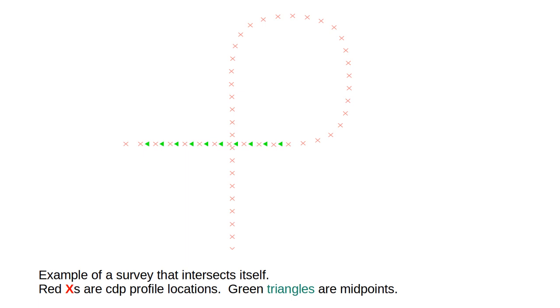This occurs because that particular CDP is closer to the midpoint. For an actual survey with an intersection, many midpoints near the intersection could have this problem. This problem will also occur if parts of the profile just get near each other.